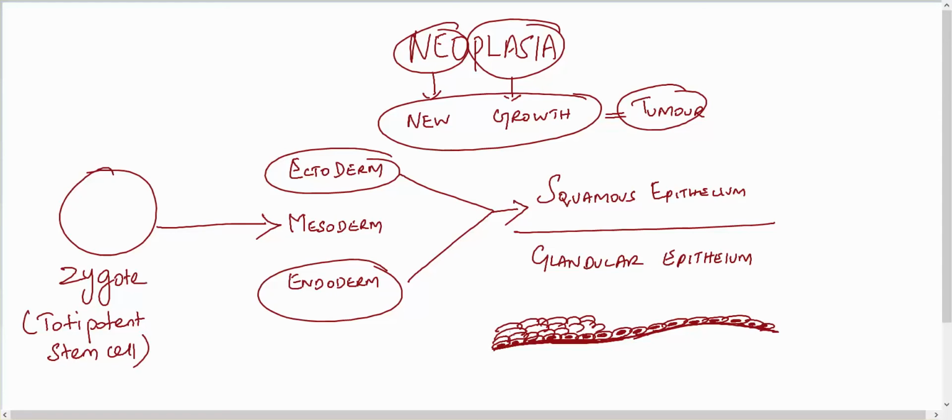spinous cells. They have a little bit smaller nucleus compared to the basal cells, and then they form granular cells. Granular cells are the maturing cells, and finally they form corneal cells.